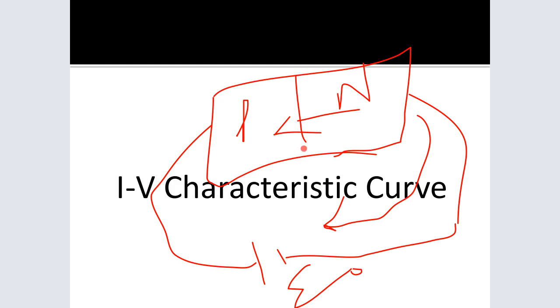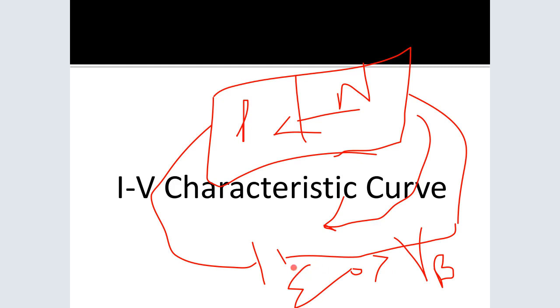So this can only happen if the external supply voltage is greater than the barrier potential or junction voltage. We'll call it VB in our calculations in the next topics. Okay, barrier potential, VB, where B is a subscript.